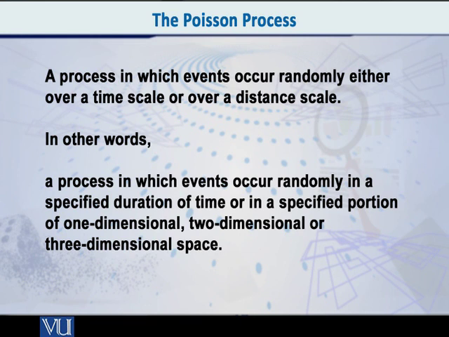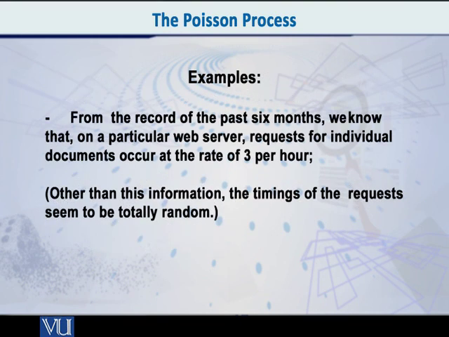Look, nowadays it is the age of the internet, and we are involved with websites and all this at all times. So, suppose that from the record of the past 6 months, we know that on a particular web server, requests for individual documents occur at the rate of 3 per hour. 3 requests per hour on the average.